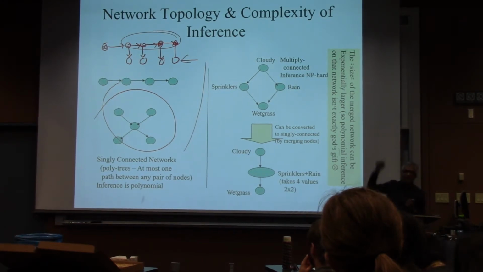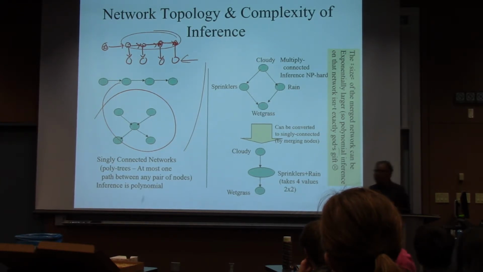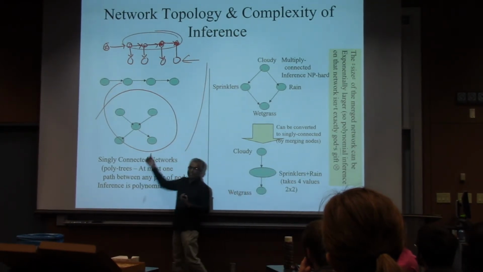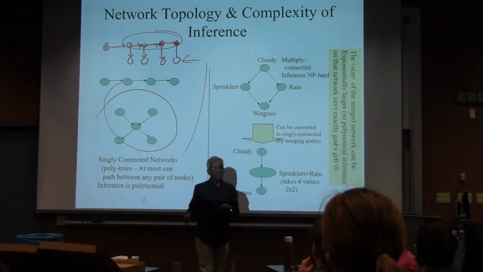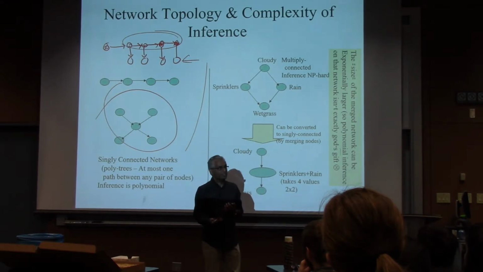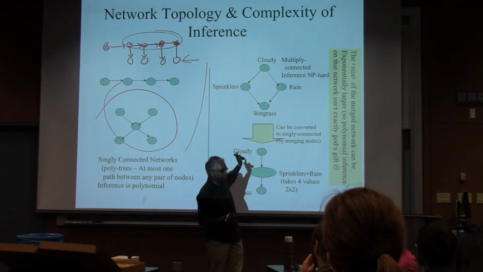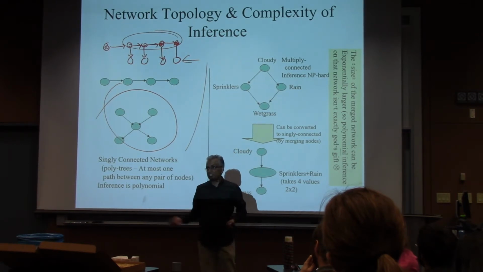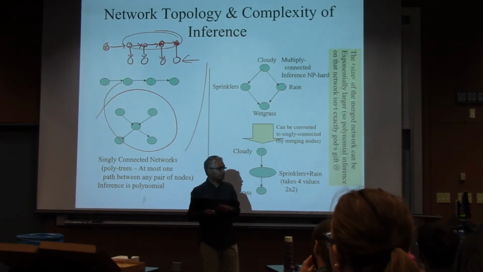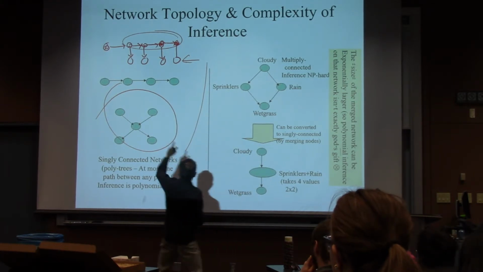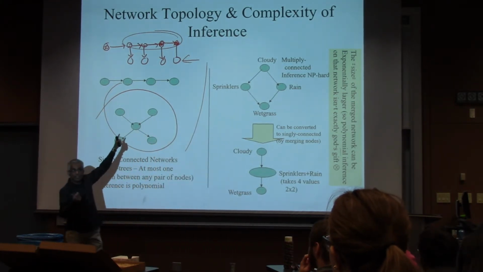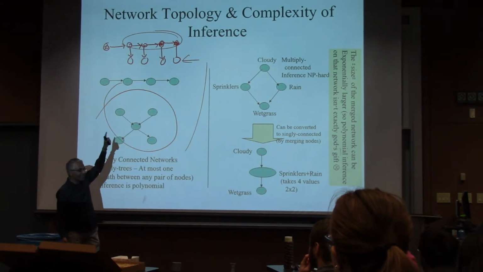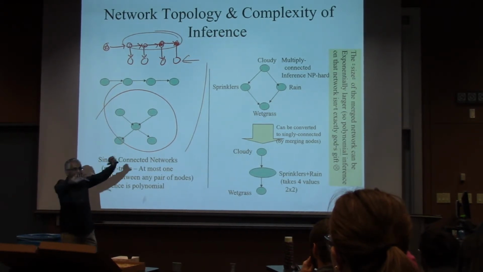So doing inference on multiply connected networks in the worst case can be exponential. There are exact algorithms that actually use the special structure to do polynomial time inference. That's one of the reasons why the versions of Bayes networks you probably heard of, like hidden Markov models and Markov chains, they all are actually singly connected.